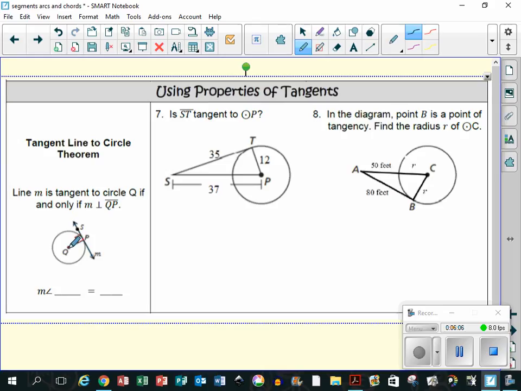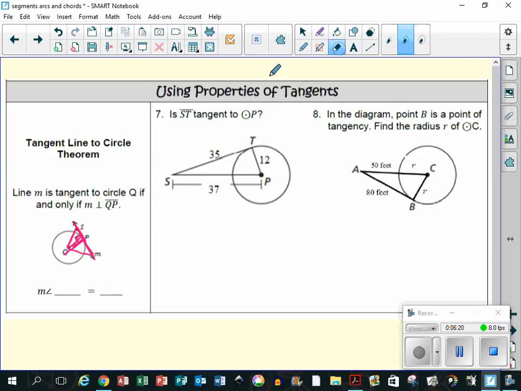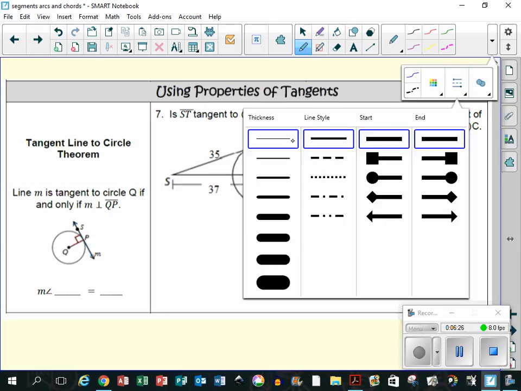So if you draw a radius to the point of tangency and you draw a tangent line through it, it will make a right angle. Therefore, you can create, guess what? Right triangles. And remember, we just had an entire chapter on what we know about right triangles. So don't forget those things.